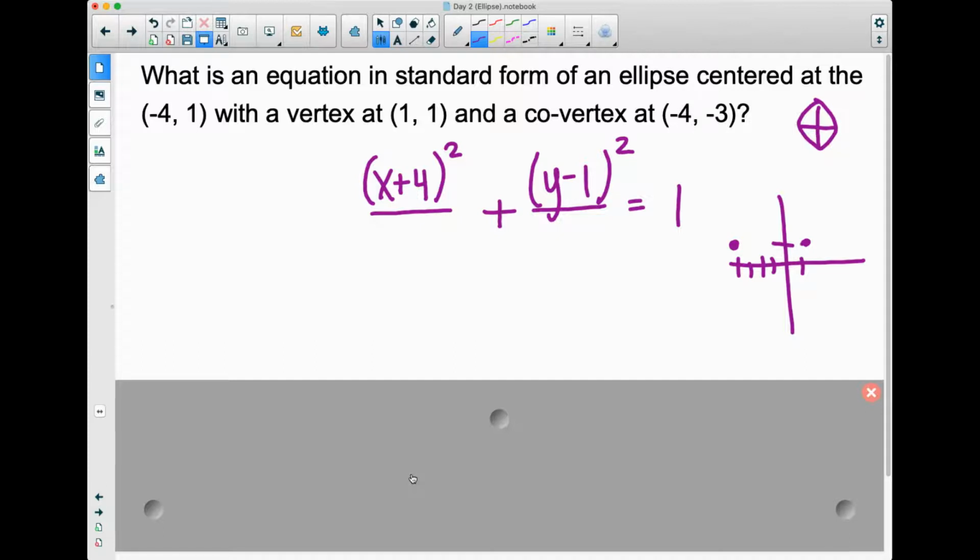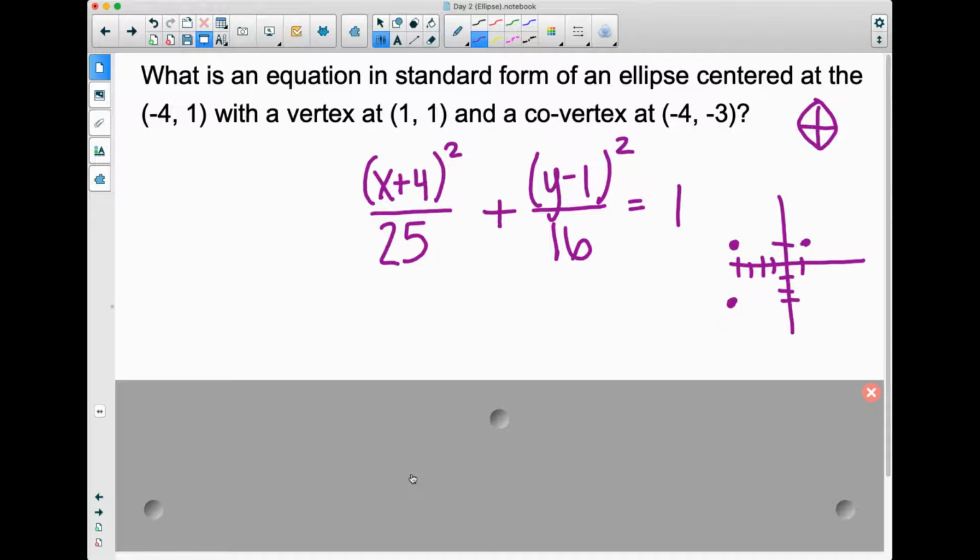If I went to the right 1, 2, 3, 4, 5, I know that this becomes 25. So I went to the right 5 spaces, square that, I get 25. Then if I plot the point -4, -3, I know I went down 1, 2, 3, 4. So down meaning y, square 4, I get 16.